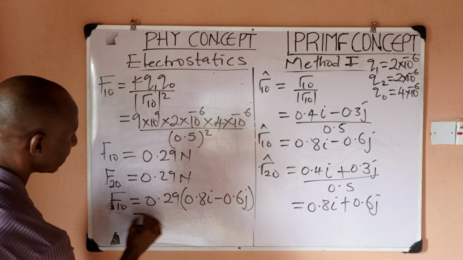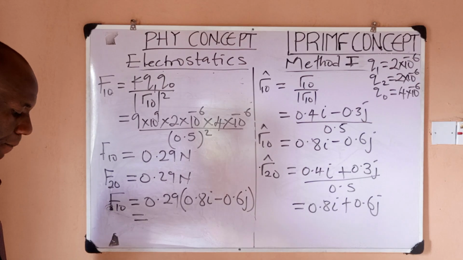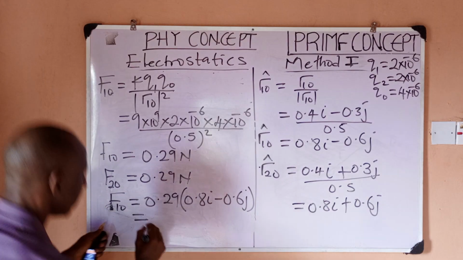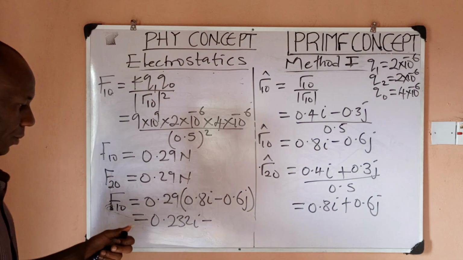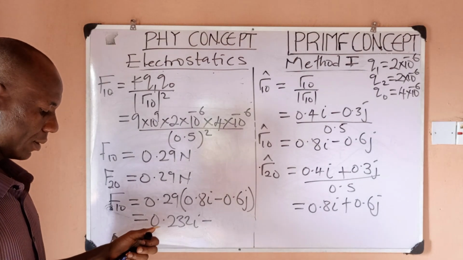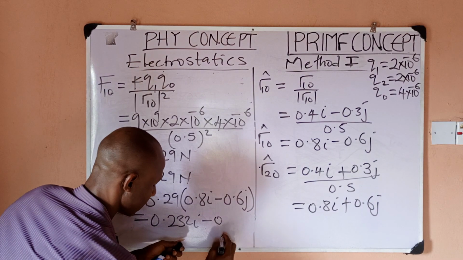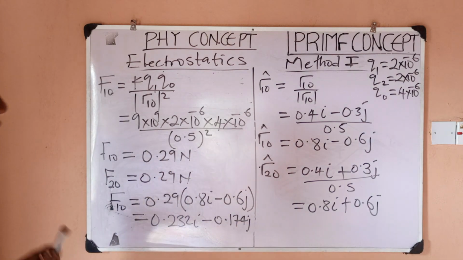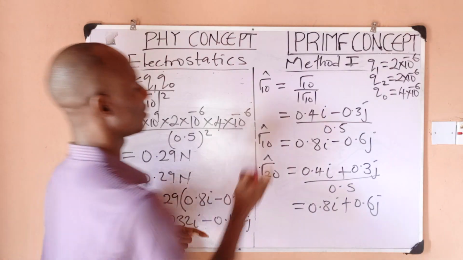So if I solve this, I would have 0.29 times 0.8 is 0.232i. 0.29 times 0.6. So this is 0.174j, right? So this is my F10. I will still need to rub this. So try to always take notes while you're watching this video. It will help you.